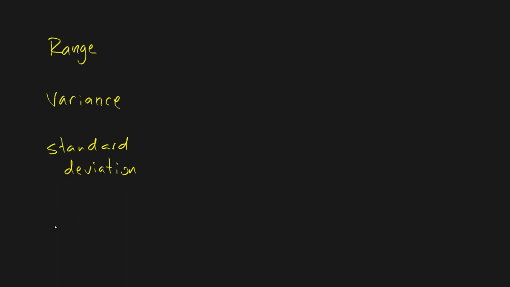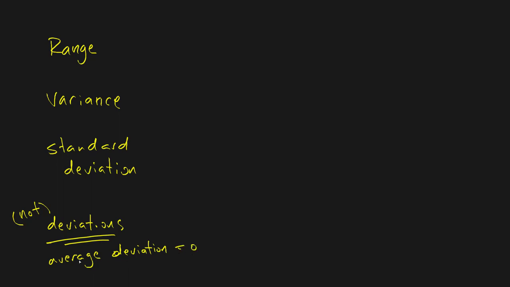I'm leaving out deviations, I'll explain why in a moment. I'm also leaving out the average deviation because that's not a real thing. That's something that we wanted to be able to do, but it was always equal to 0, so it's a completely useless measure that we avoid.